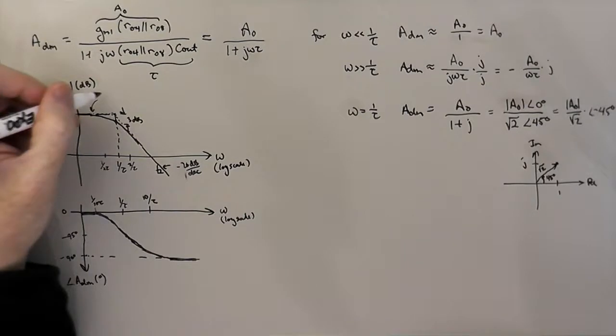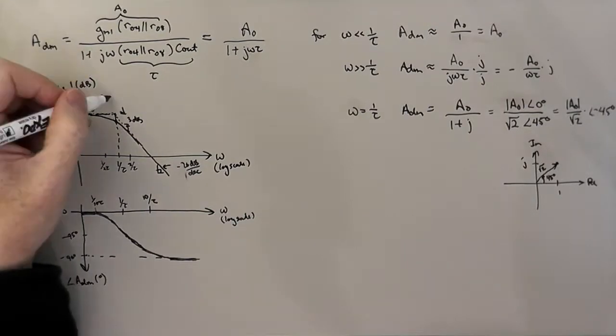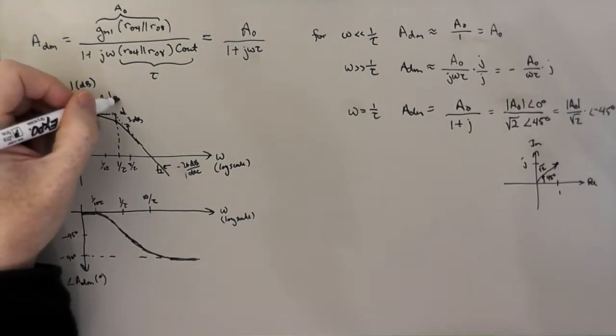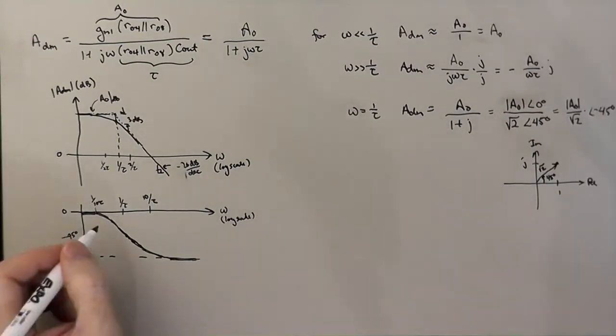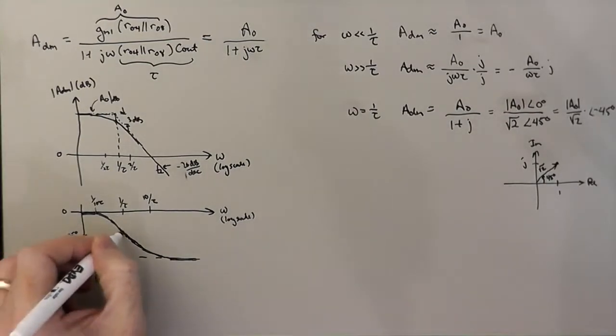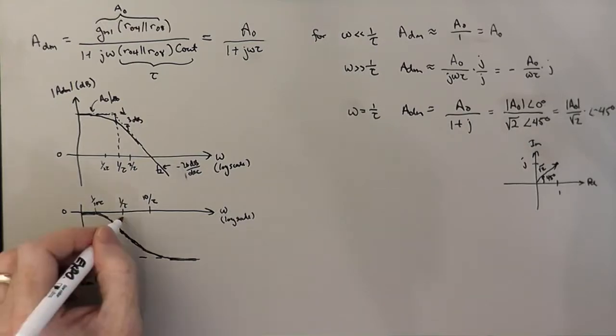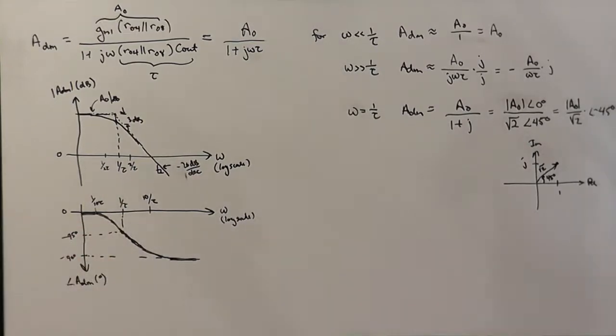This is A0 in dBs, and this is what the gain of the circuit looks like on a Bode plot. It's a typical first order low pass kind of response, shifted up by whatever the low frequency gain is, in this case maybe in the range of 40 or 50 dBs being typical.